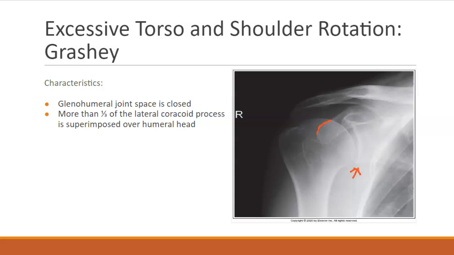As you can see, this coracoid process is superimposing over this humeral head excessively. In order to correct this, we need to decrease the amount of torso and shoulder rotation for this projection to open up that glenohumeral joint space.